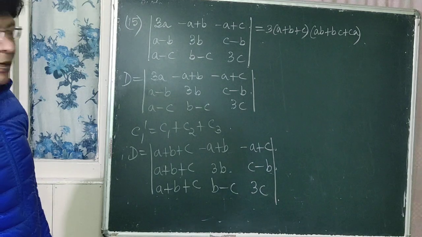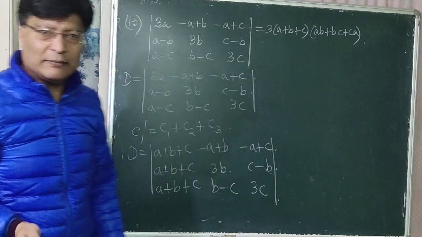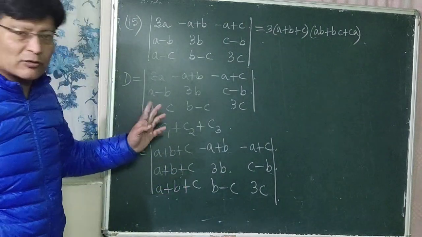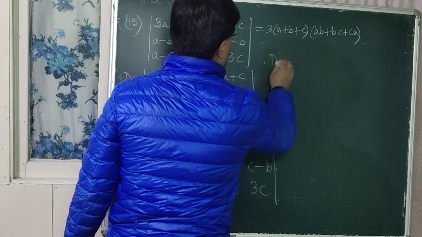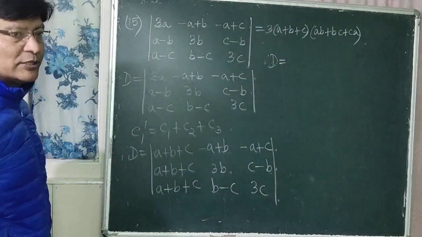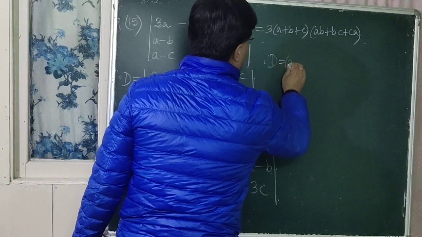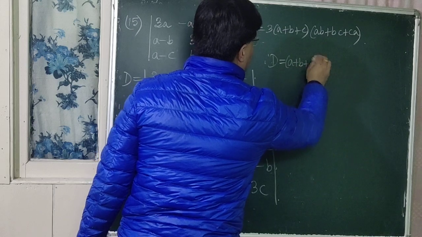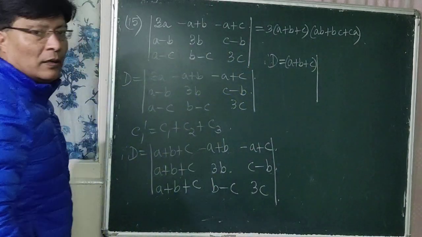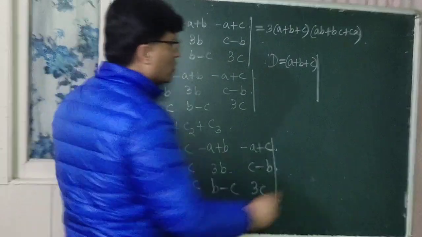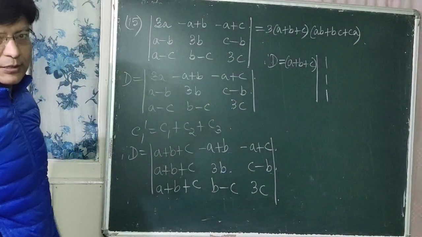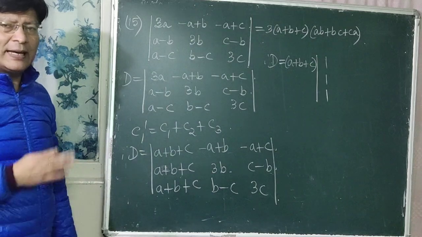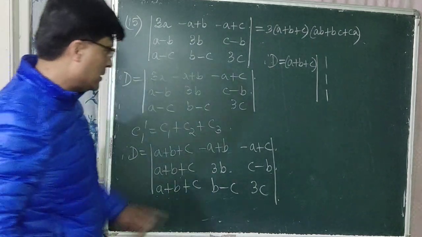Okay. Now what will you do in the next step again? Here A plus B plus C is taken common from the first column. So you should take it outside the determinant. So D is equal to, what do we get here? A plus B plus C. Now what is the new first column here? 1, 1, 1, because A plus B plus C is taken common and it is taken outside.